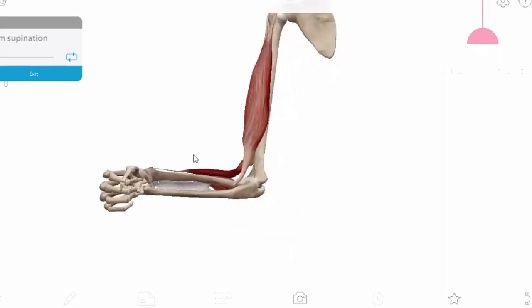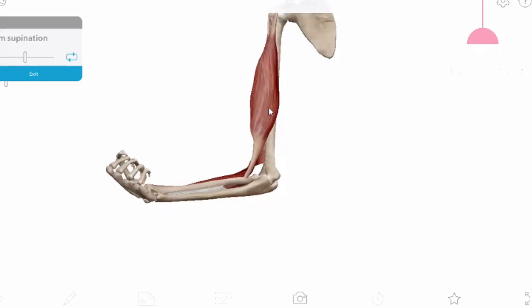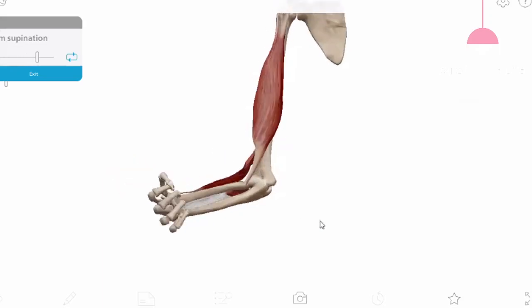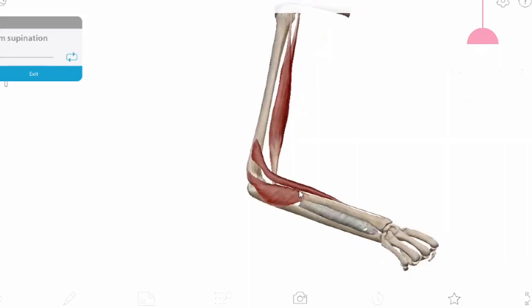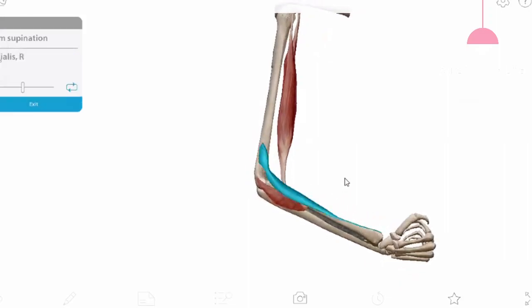For supination, the muscles involved are the biceps brachii and supinator, and to some extent it is supported by the brachioradialis muscle.